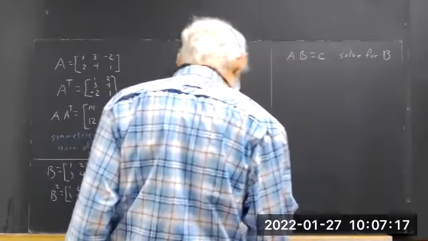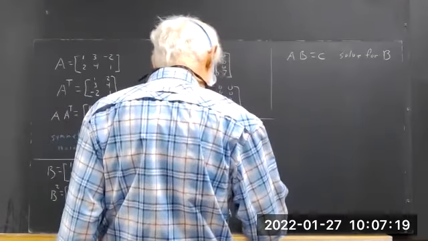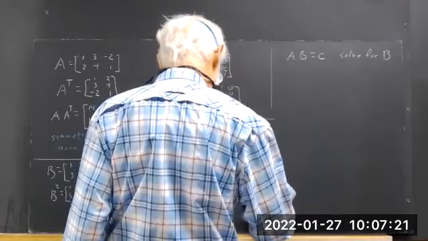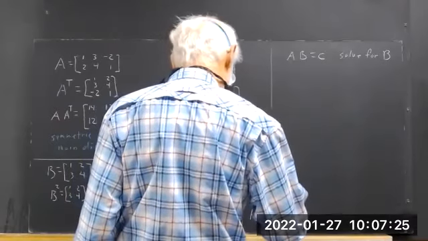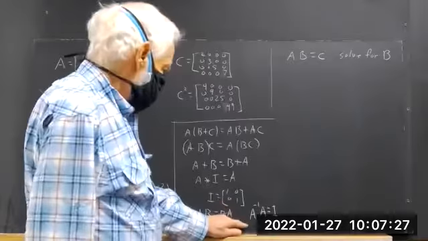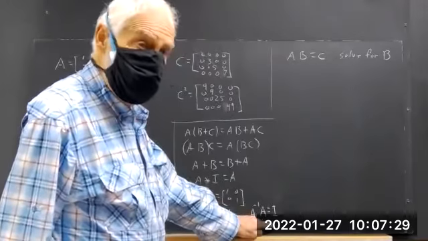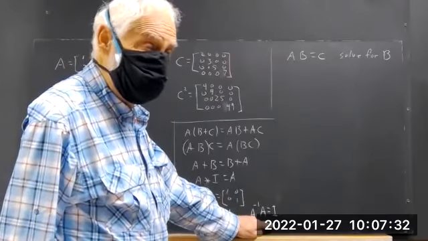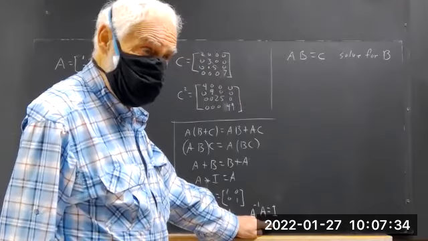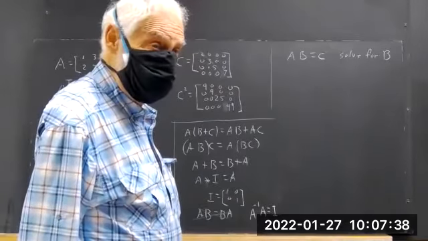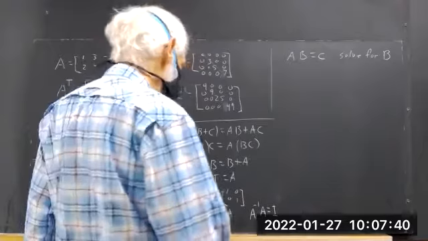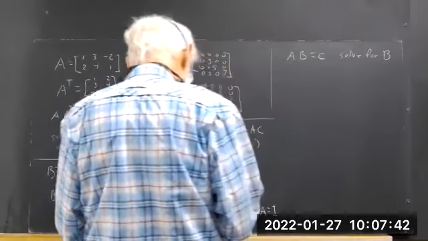Don't really have room to write it. I'll write it here. A inverse times A equals the identity. Okay? Now, that doesn't work for all matrices.